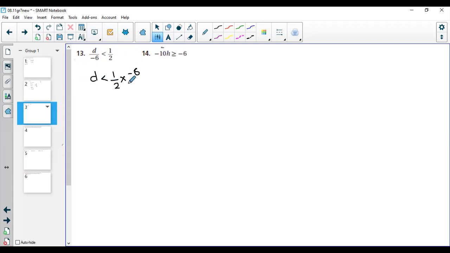I am multiplying it by negative 6 and I did not flip the sign, which is very important. I need to flip the sign. So you have to be very careful when you're solving this because you're multiplying with a negative 6, right? So you have to flip the sign. So d is going to be greater than negative 6 over 2, which means d is greater than negative 3.